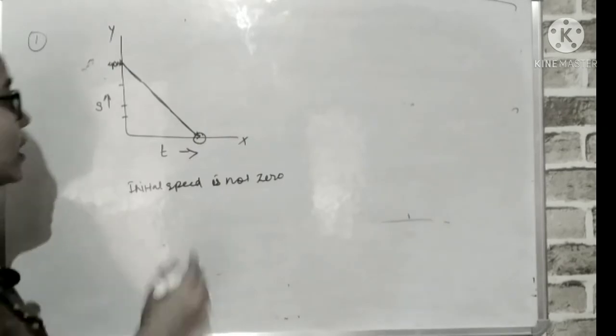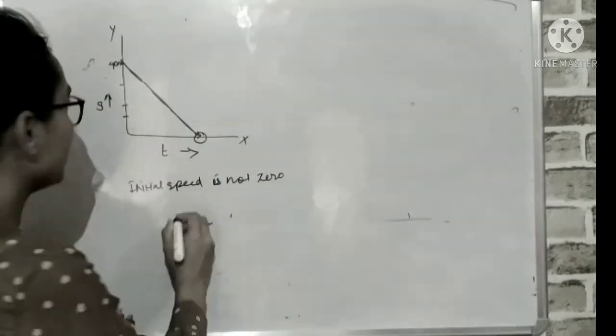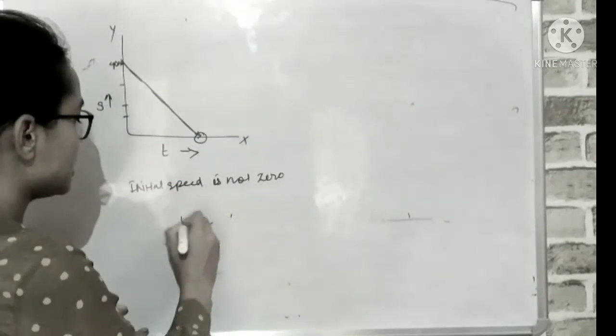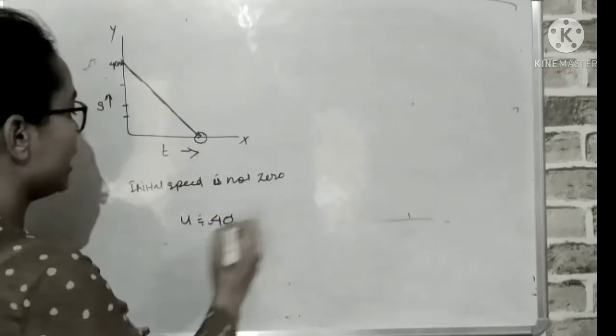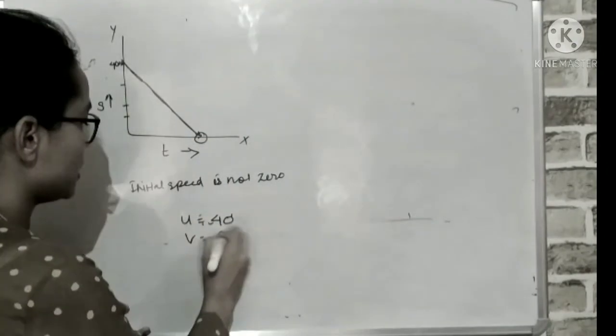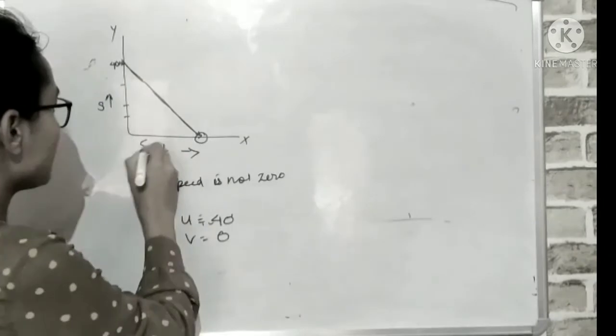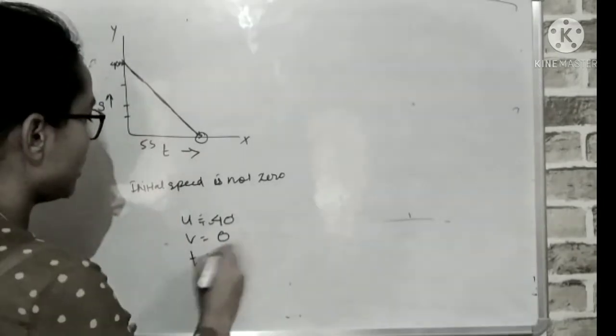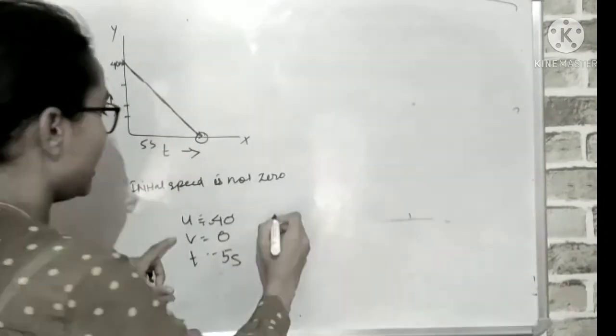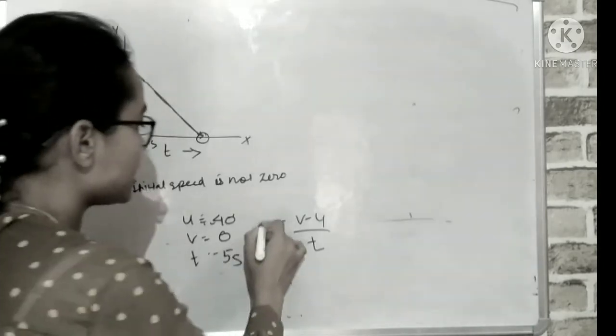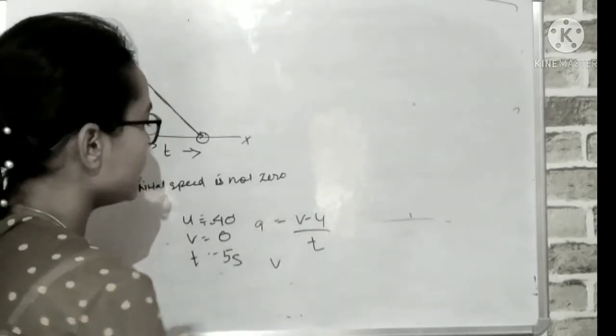Now in this case, here you see what happened. The initial velocity u is 40 and the final velocity v is 0, within suppose 5 seconds. Time equal 5 seconds. Then what will be the acceleration? Acceleration equal to v minus u by t.